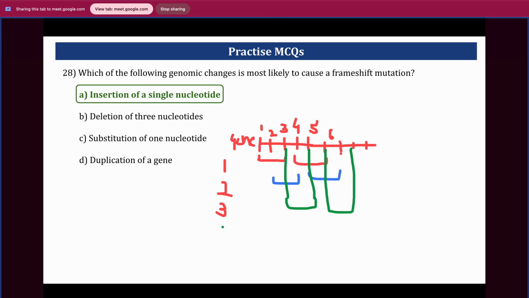Now, if I start with a fourth reading frame, which means it will take into account my fourth position, it will synthesize an amino acid from 4, 5, 6, which will be exactly the same as my first reading frame, because in the first reading frame I also have 4, 5, 6.